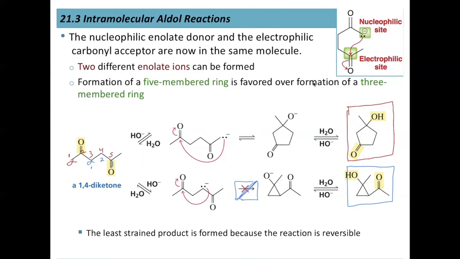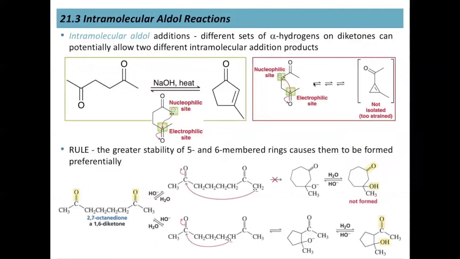So we have a choice here. We can form a 5-membered ring or a 3-membered ring, and we're going to form the 5-membered ring because it has less angle strain. So here's just another example of it. This is the same as the previous page. So I can come in and attack here and get a 5-membered ring.